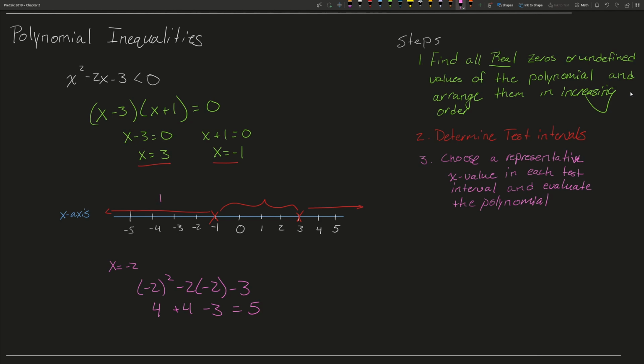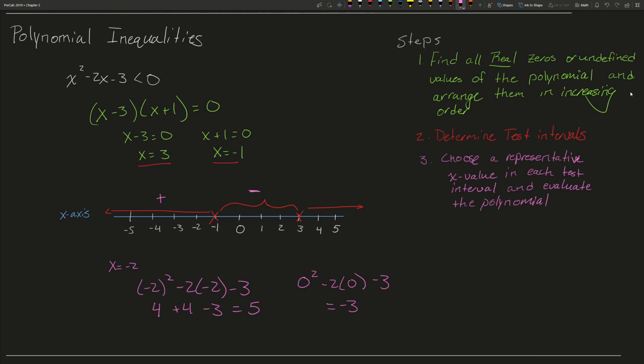So everything in this interval will be a positive number. Then we have to choose something in this middle interval. So let's choose 0. When we do that, we get 0 squared minus 2 times 0 minus 3, which simplifies to negative 3. That means that everything in this middle interval will always be negative.